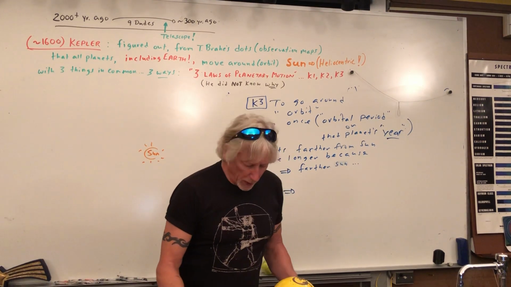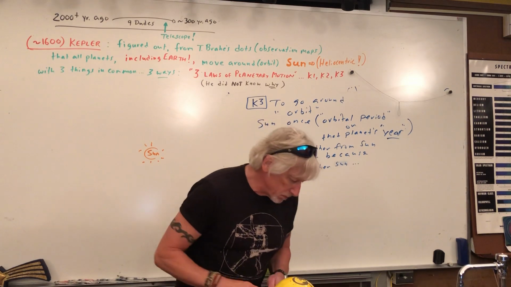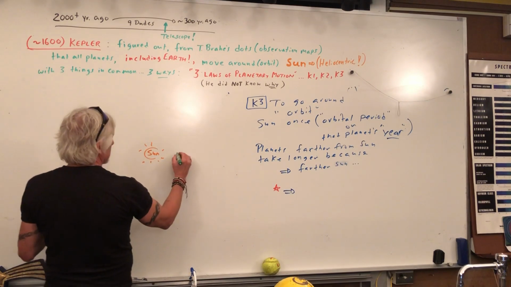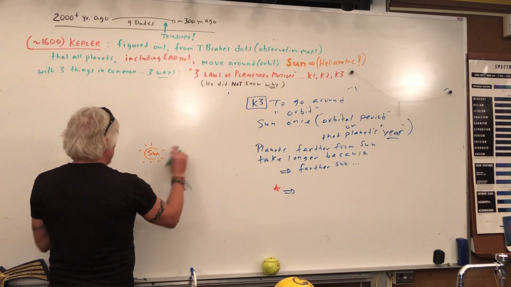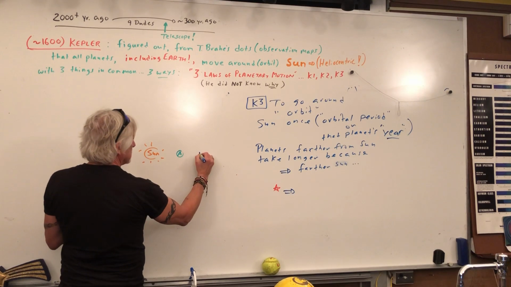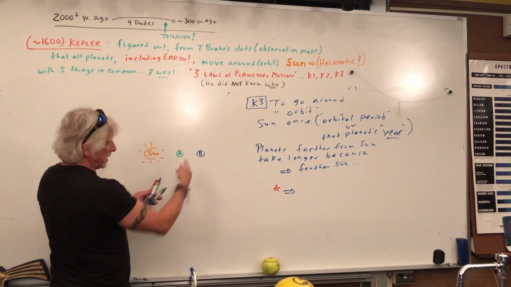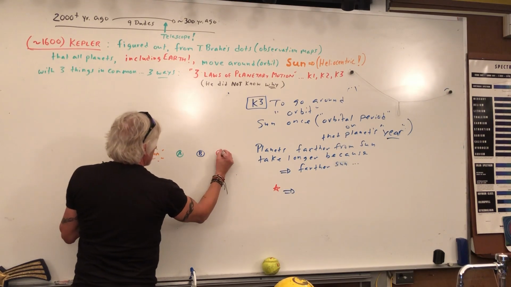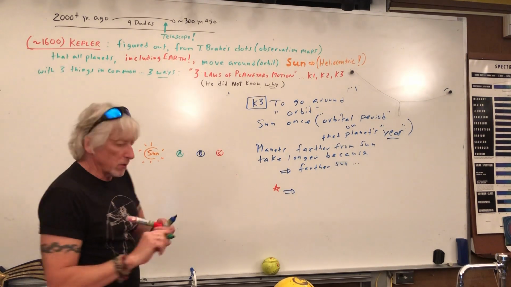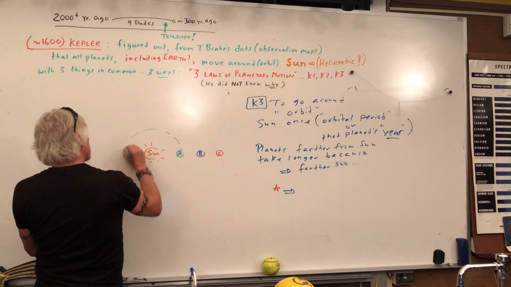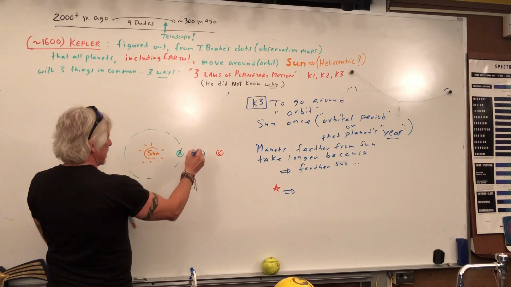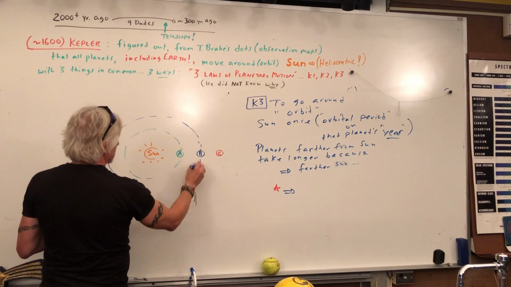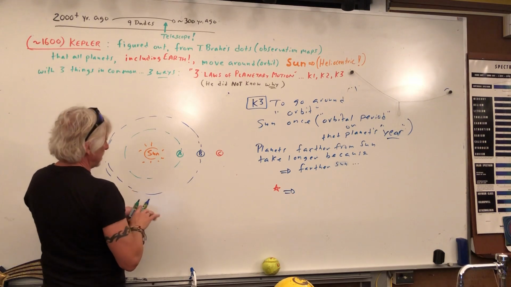So I'm going to just make planet A. I could do A, B, and C. Let me just do A, B, and C. It doesn't matter. Maybe B is Earth, or it doesn't matter. And we know they go around in nearly circles, whatever. There's A orbiting, B orbiting. It's really an ellipse, so it goes a little faster, a little slower, but a little closer, whatever, something like that.